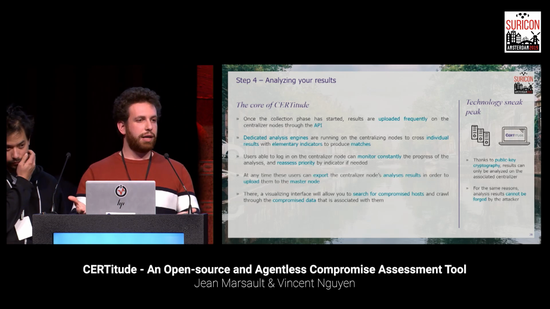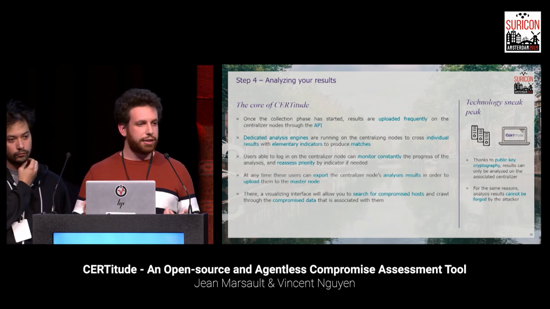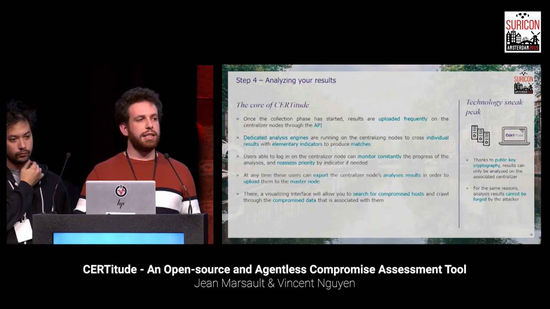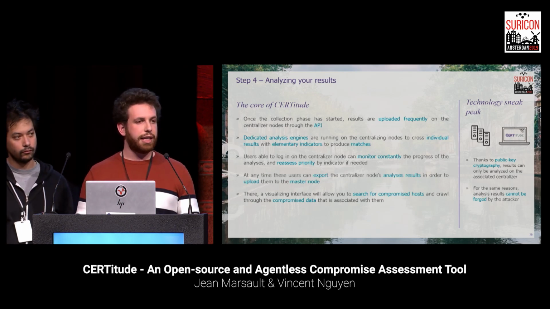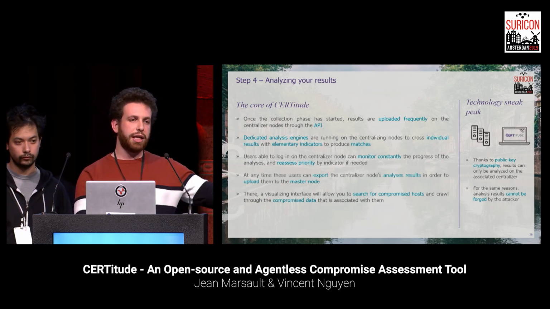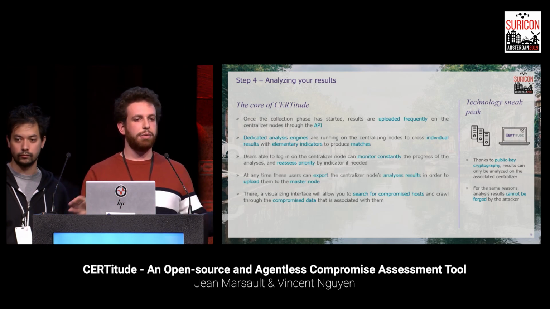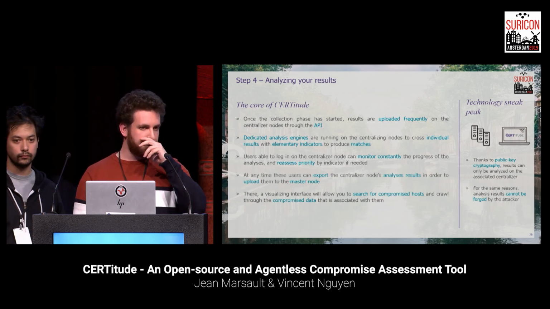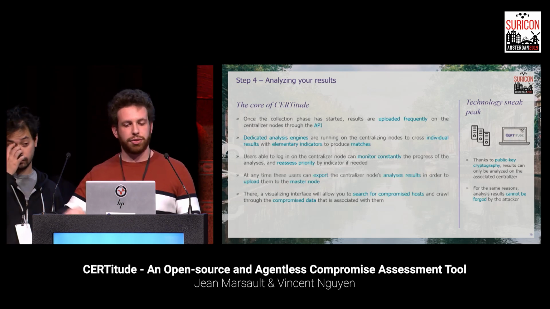Then, once you have gathered the collection results, and in fact, as soon as the first result arrives on the centralizer node, the analysis engine kicks in and starts analyzing the collection results with regard to the elementary indicators of compromise that you have. So it will match, okay, this is a process, I have collected process data, I will try to match it and obtain a match that it will be able to report back to the master node.